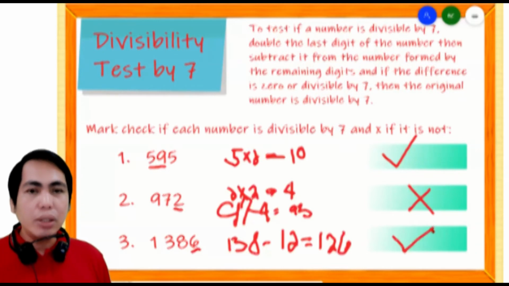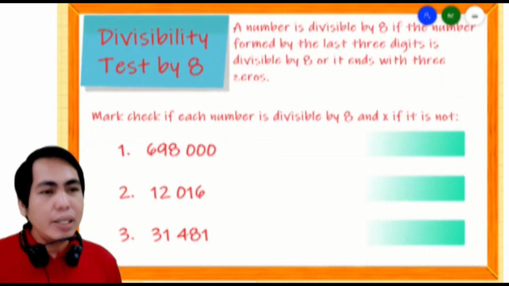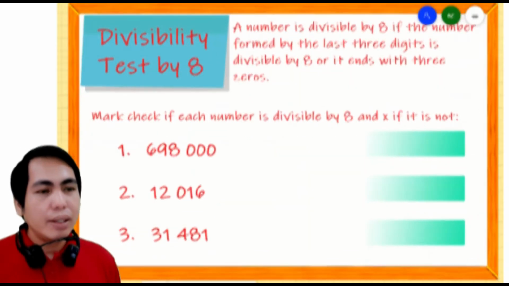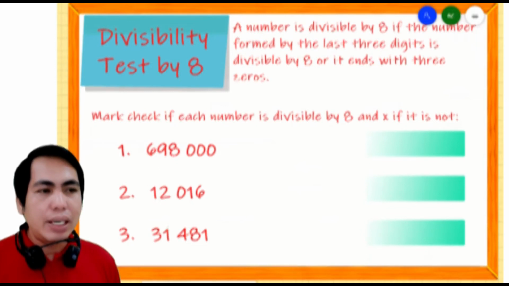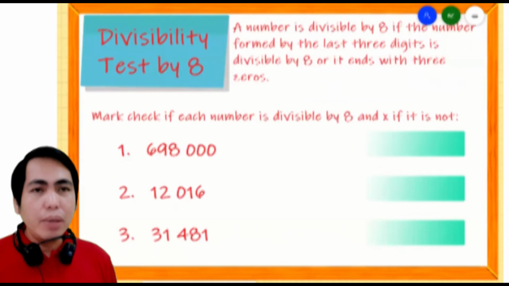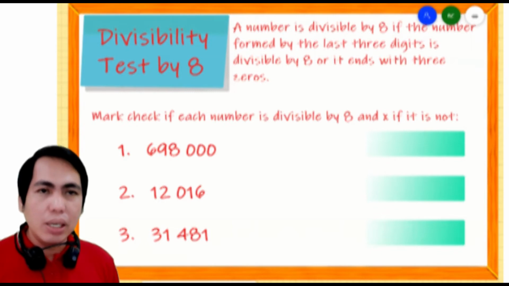Now let's proceed to divisibility test by 8. In here, it is said that a number is divisible by 8 if the number formed by the last 3 digits is divisible by 8 or it ends with 3 zeros. So it is almost similar to divisibility test by 4, in which by 4 we have to take the last 2 digits.